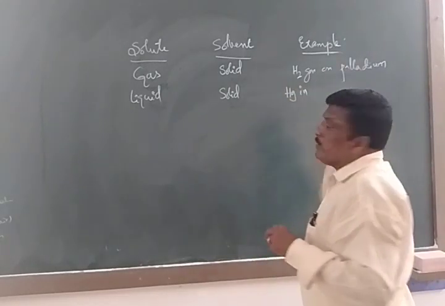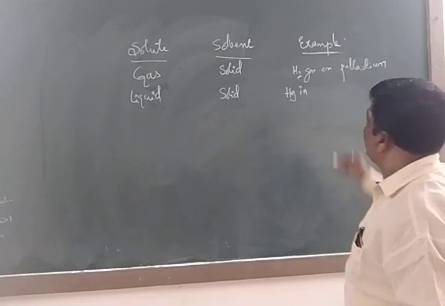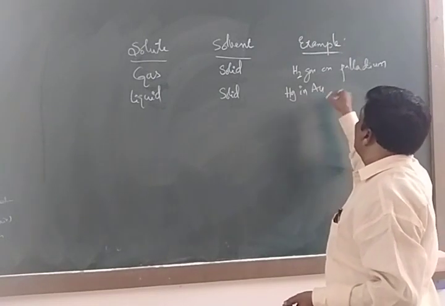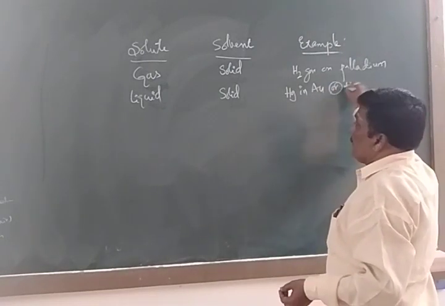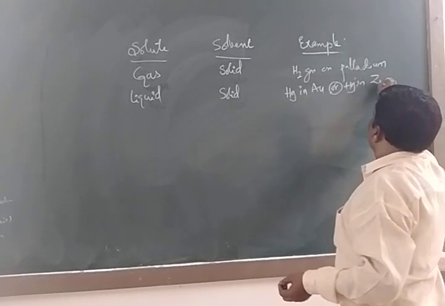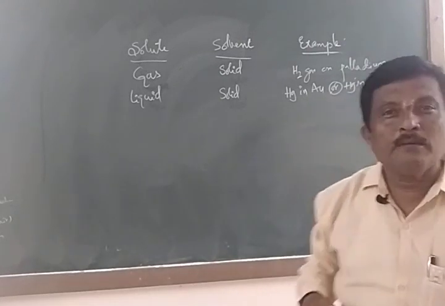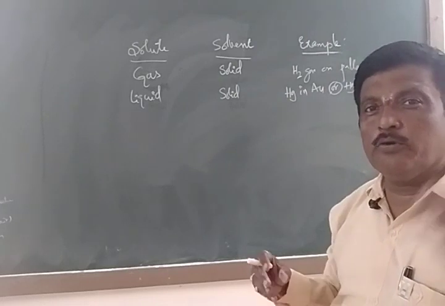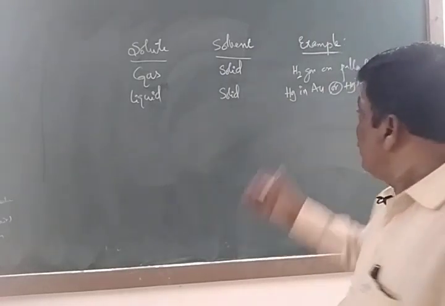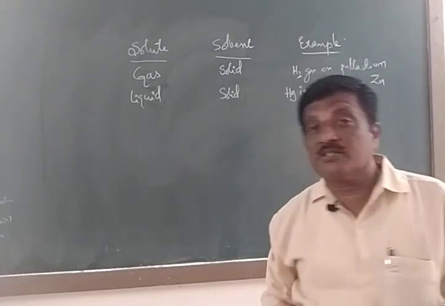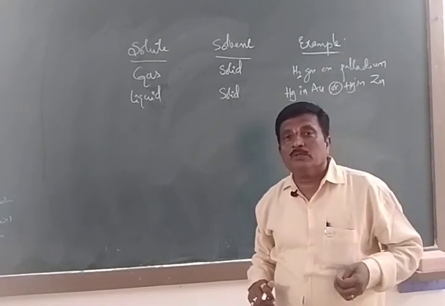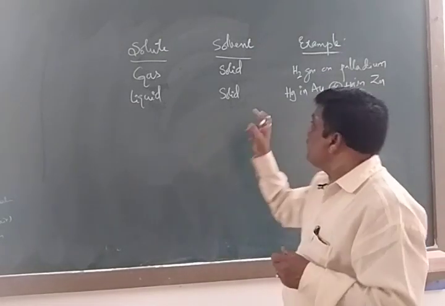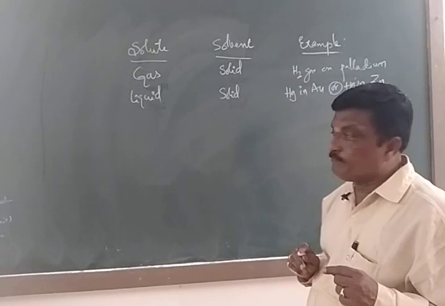Mercury in gold, or mercury in zinc, because mercury is a liquid metal, and we mix it with different metals like gold, zinc, etc. So that is the best example for a liquid solid solution.